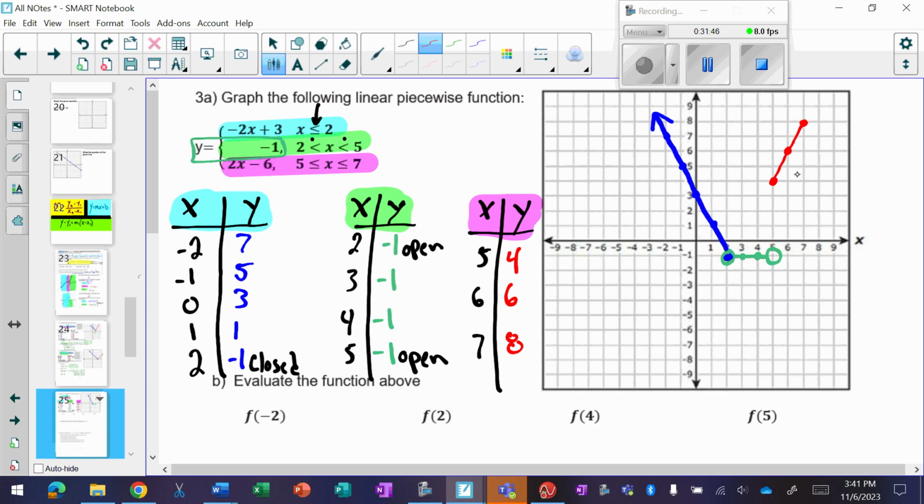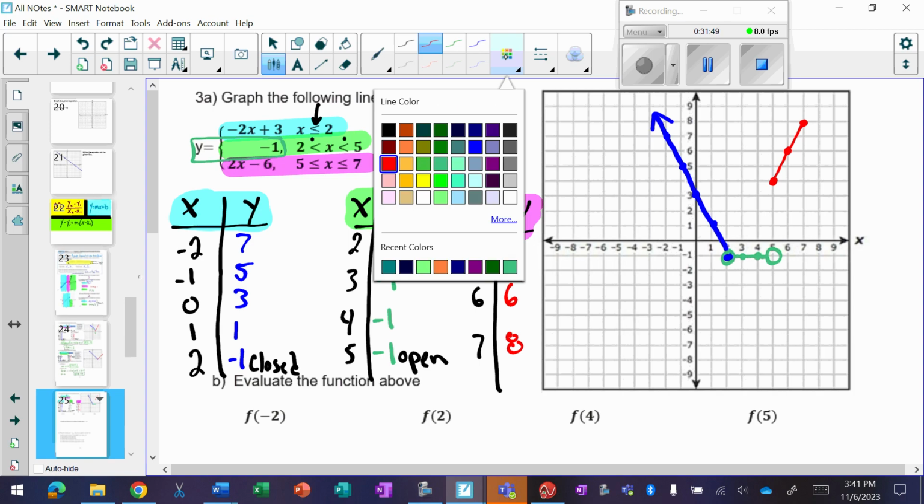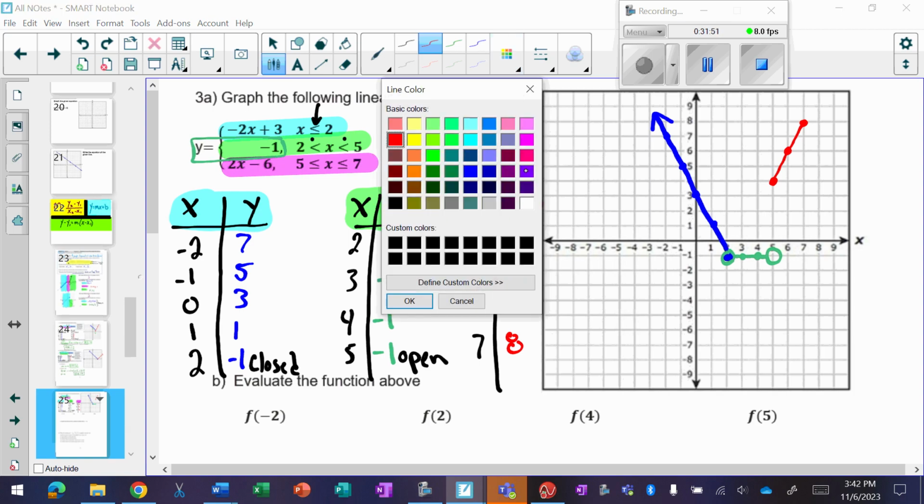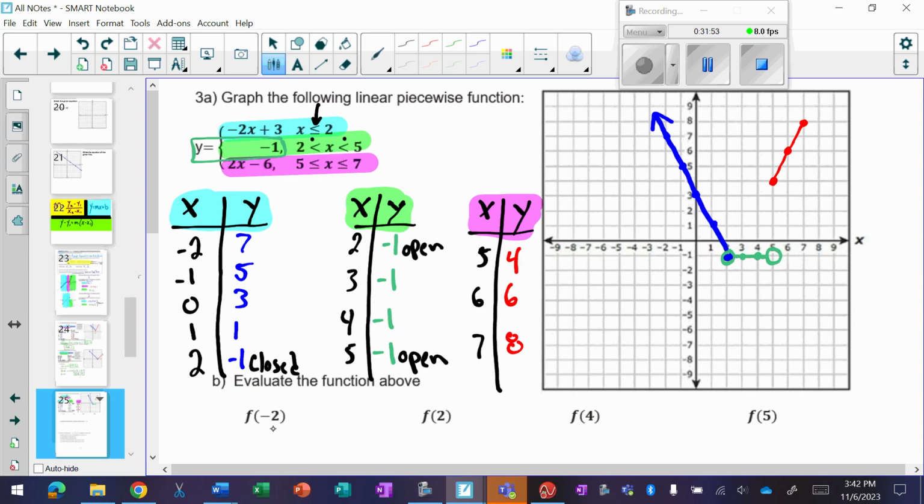So to do some evaluation on this graph, go to where x is negative 2. When x is negative 2, our y value is 7. When x is positive 2, where is the closed circle?